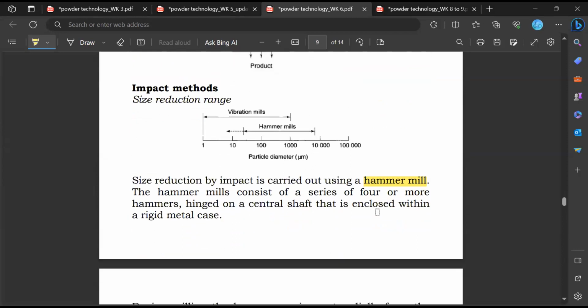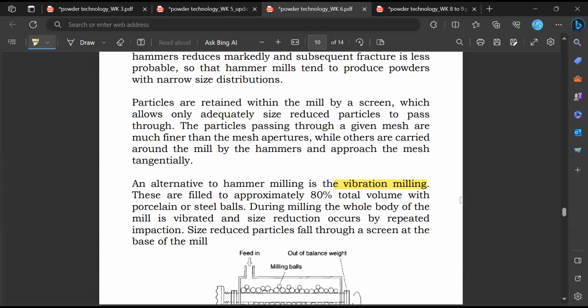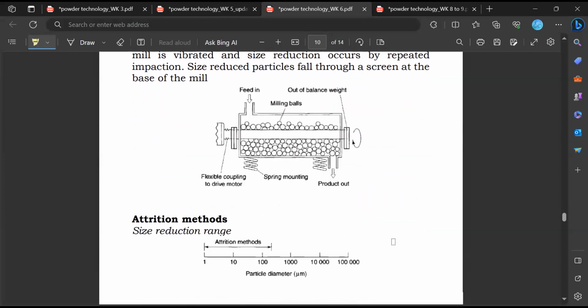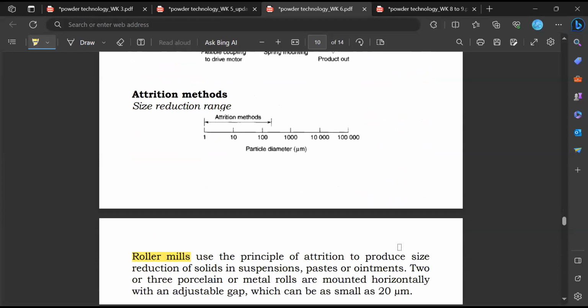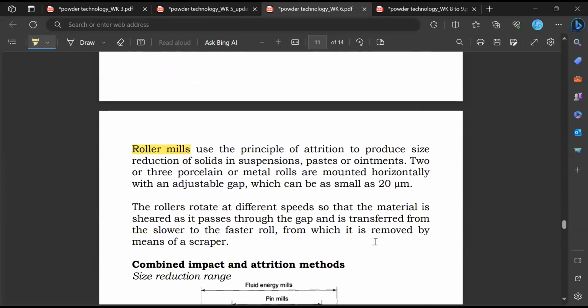So impact methods use the hammer mill, but you can also use vibration milling, which has different kinds of steel balls. Then the attrition method, where roller mills are used, and this is mostly when you're making suspension.